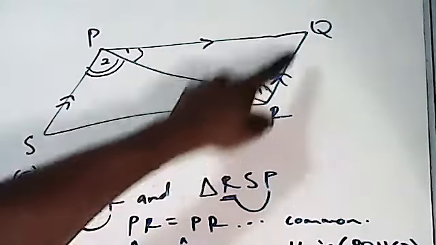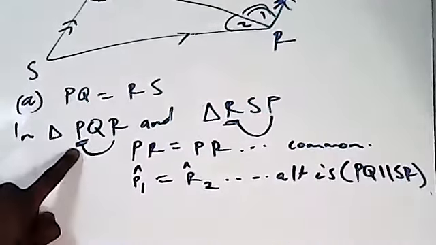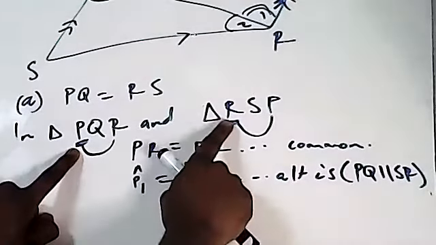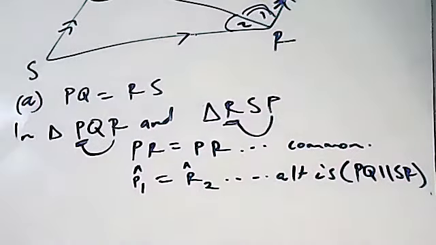And the reason for that is what? Alternating angles, right? And besides, how did we know that? Again, we come back. We knew that angle P has to be equal to angle R, right? And because we were given a diagonal connecting the two, that made life simple.